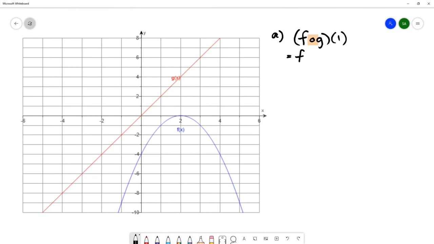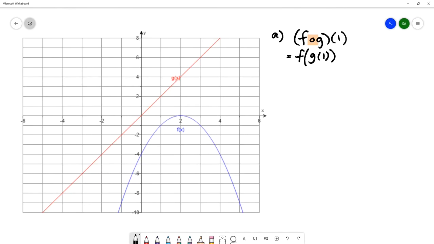Our outside function is the function before the composition symbol, and the inside function is the one after the composition symbol. So I've just rewritten this in an equivalent form with that idea of substituting one function inside of another function. So this is the same thing as f of g of 1.